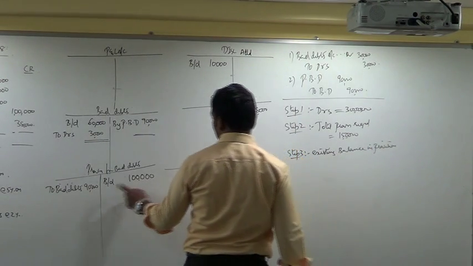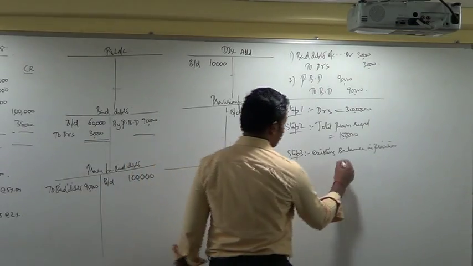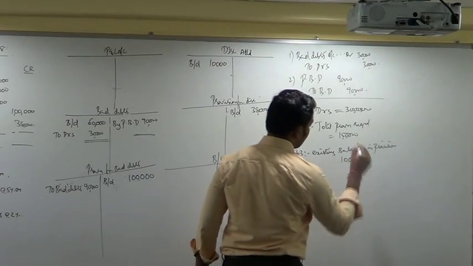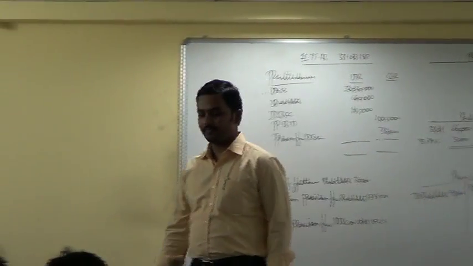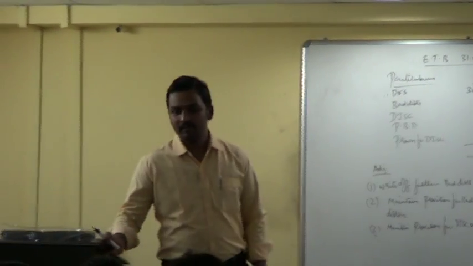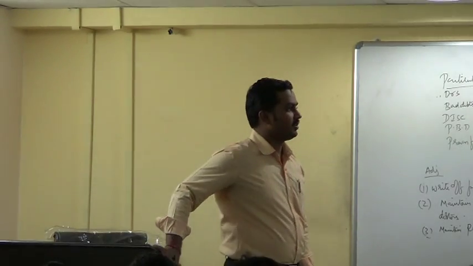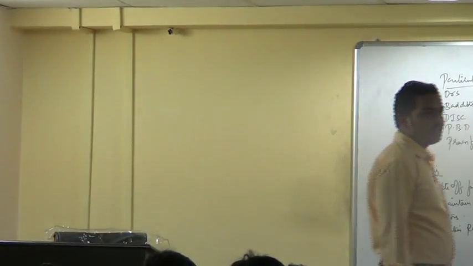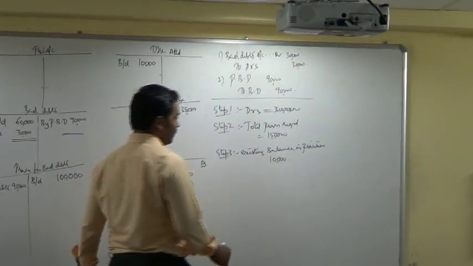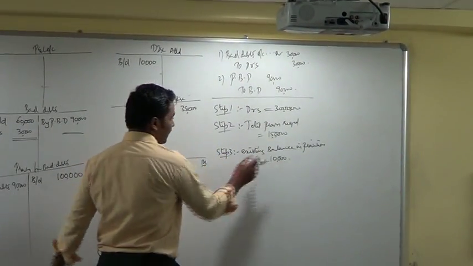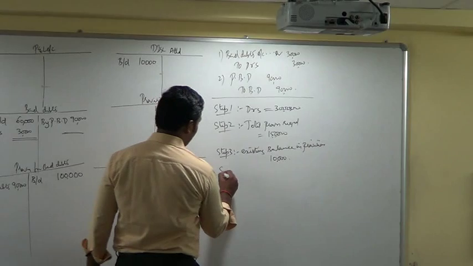Look at the board. Out of 1 lakh, 90,000 is consumed. So we have a balance of only 10,000.